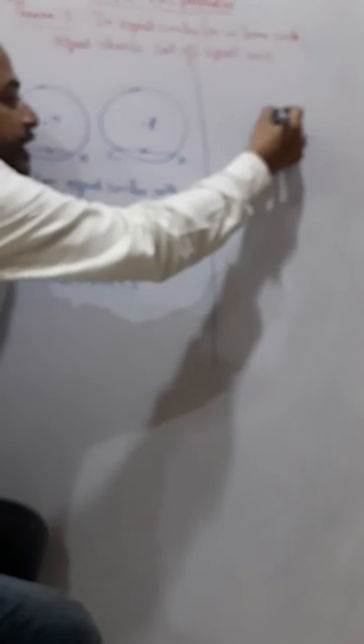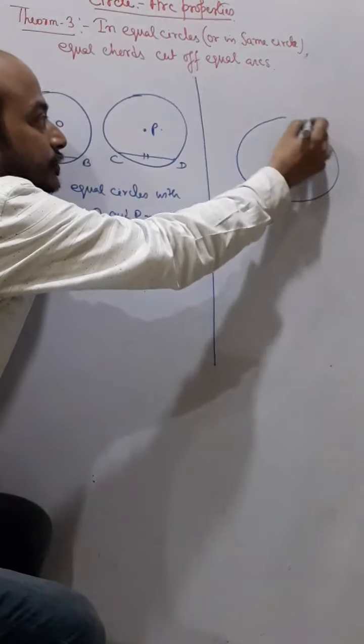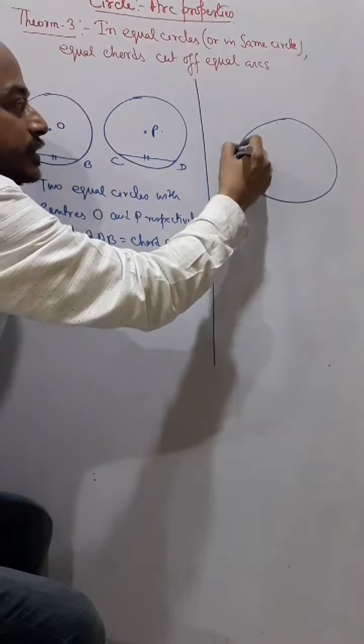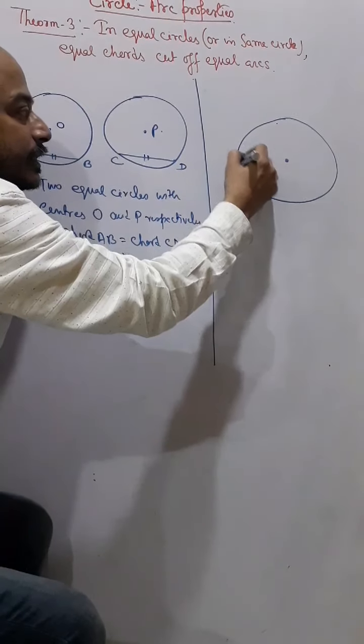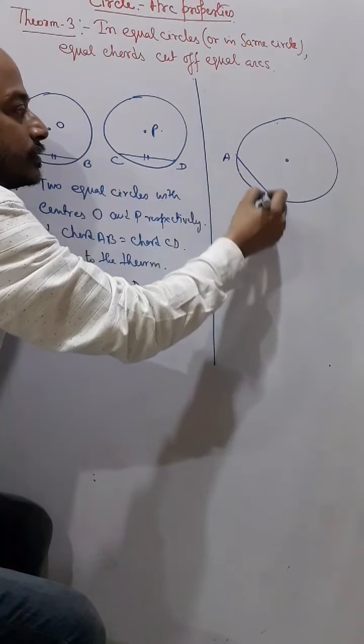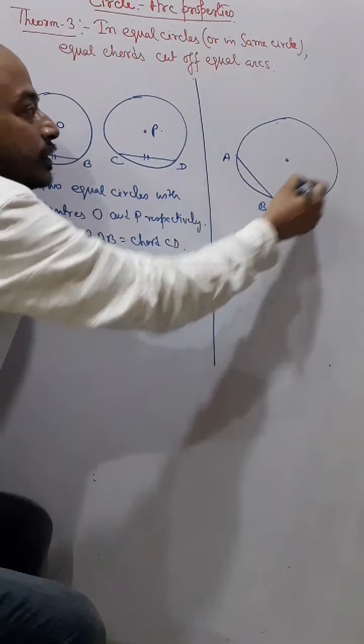Now this can happen in the same circle also. So suppose this is a center, this is one chord and this is another chord. Now if chord AB and chord CD are equal, then I can say arc AB and arc CD are equal.